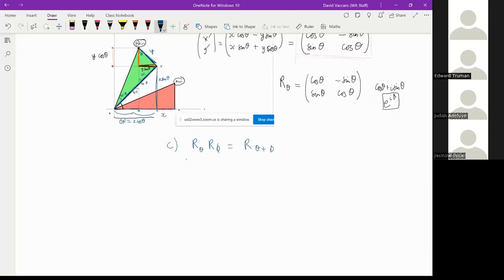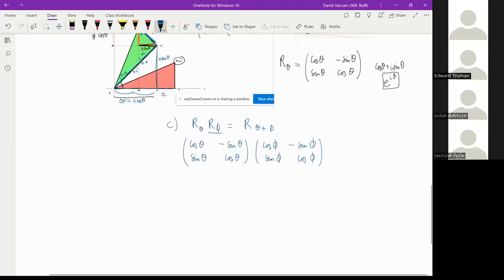So let's do this. So we've got cos theta, minus sine theta, sine theta, cos theta, that's r theta. R phi is just going to be the same thing with phis in. And let's see what we get. So we do our matrix multiplication.